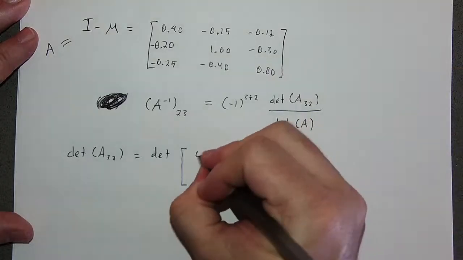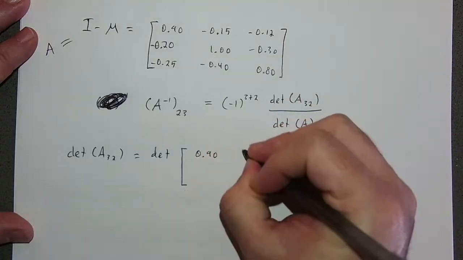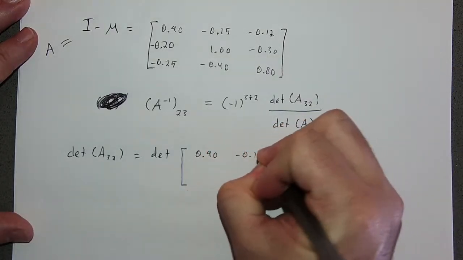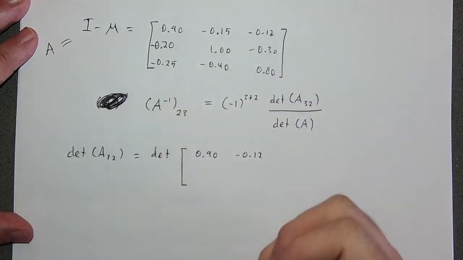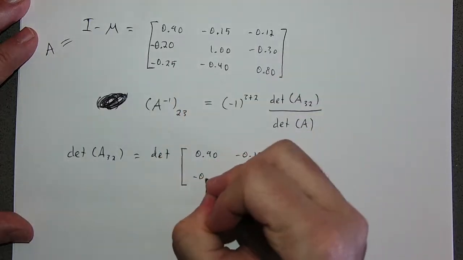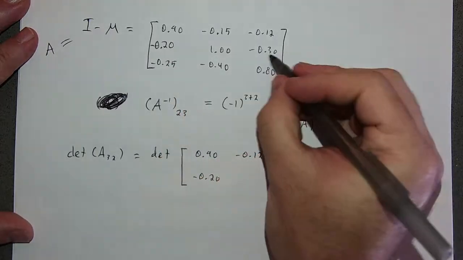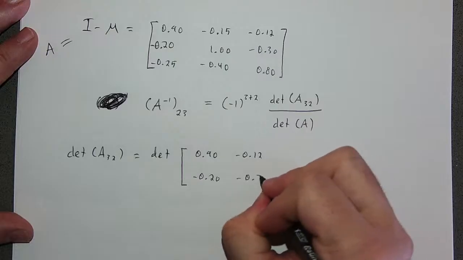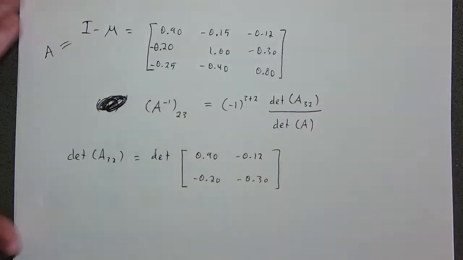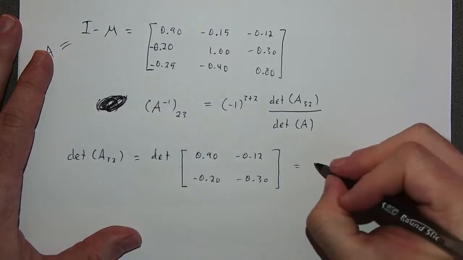So this is 0.90 minus 0.12 minus 0.20 minus 0.30. The determinant of a 2x2, of course, I know how to find here.